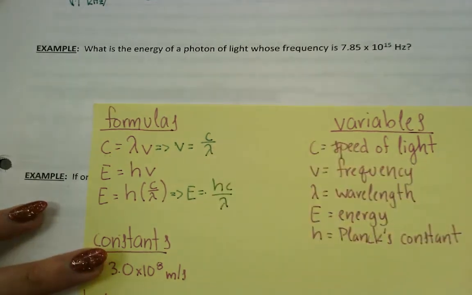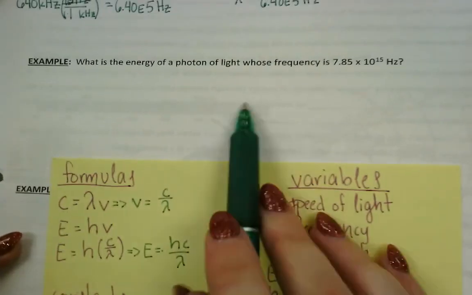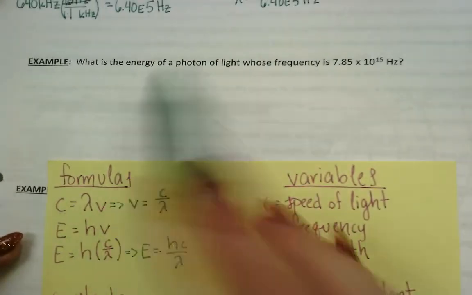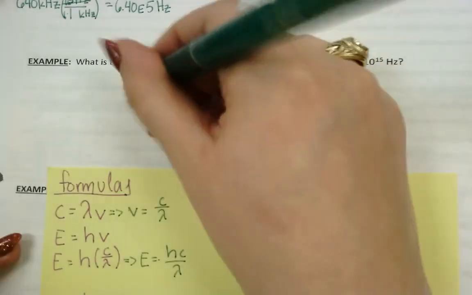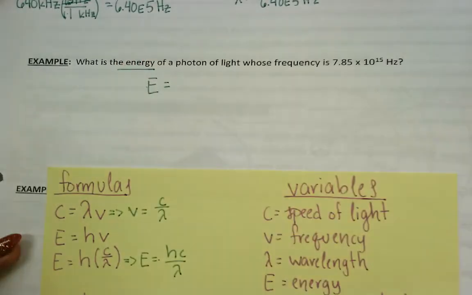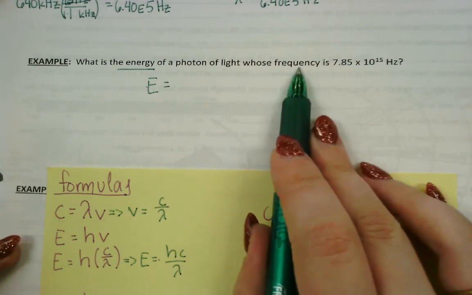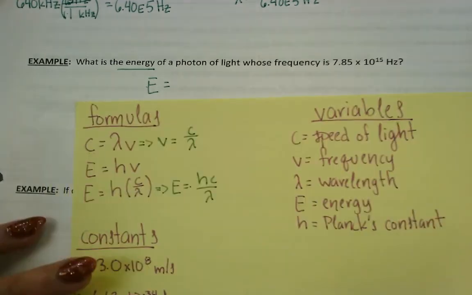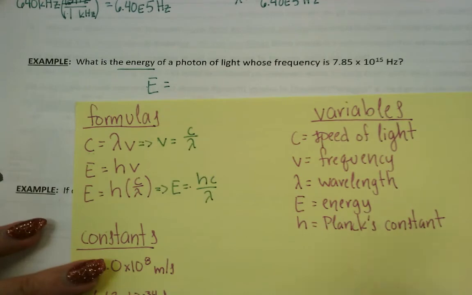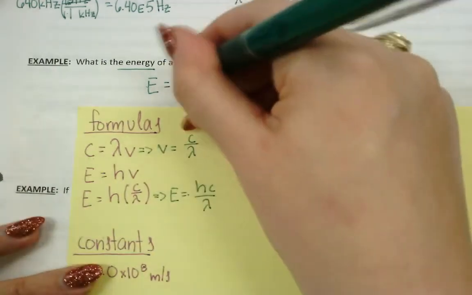Okay? So, here we're looking for energy. Energy equals, all we've been given is frequency. Well, then what formula are we going to use? We want to use our hv, right?